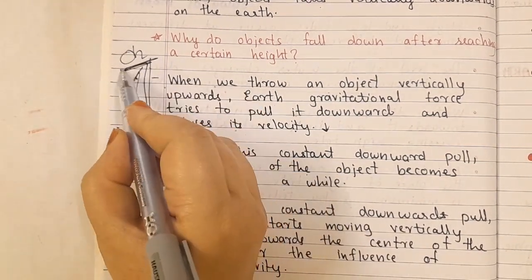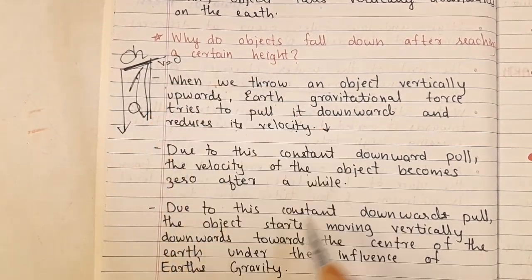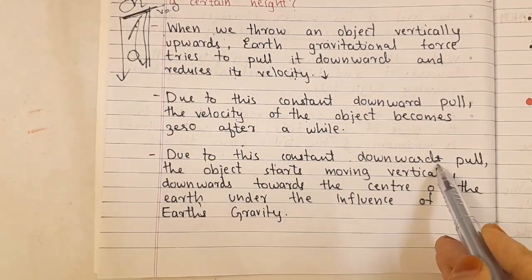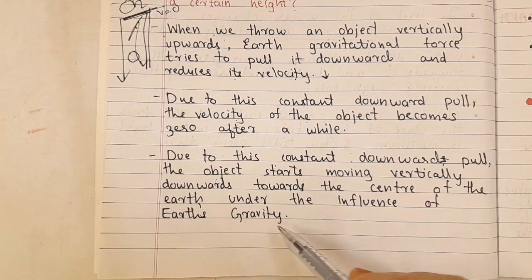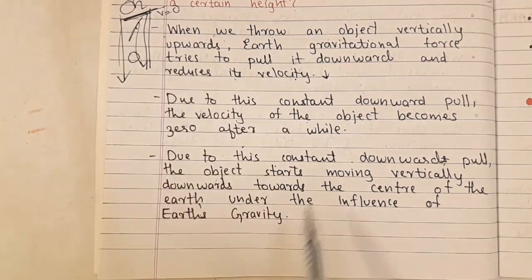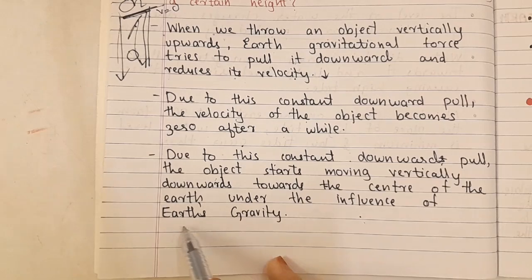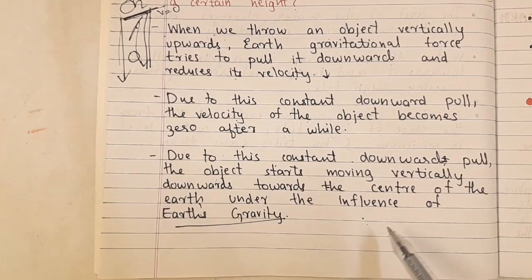After reaching this height, the velocity v equals 0 for a moment, and due to this constant downward pull, the object starts moving vertically downward towards the center of the Earth, under the influence of gravitational force only.